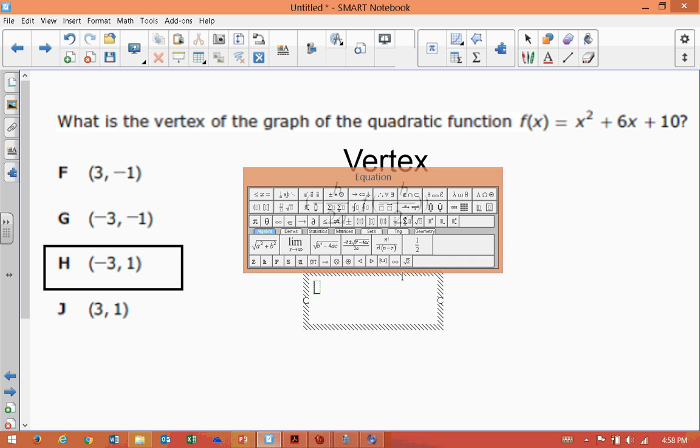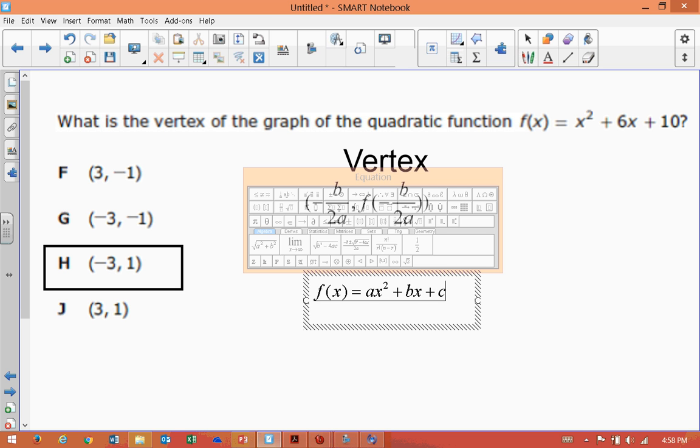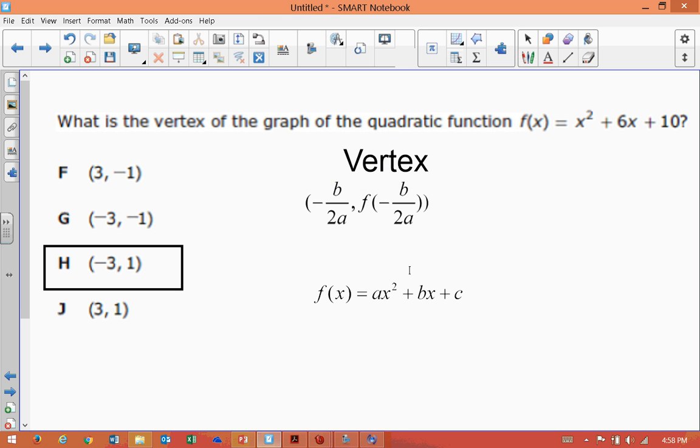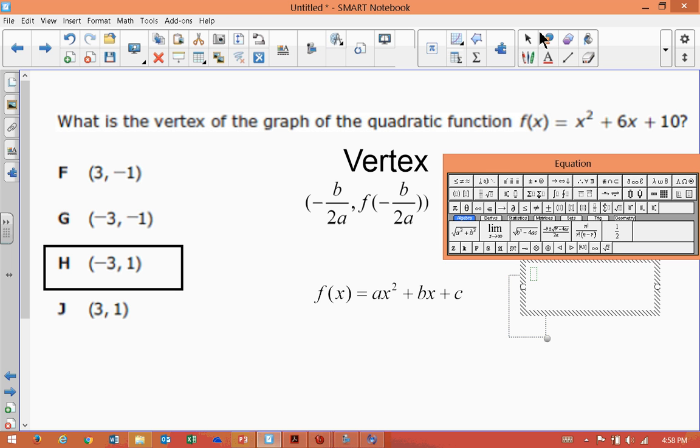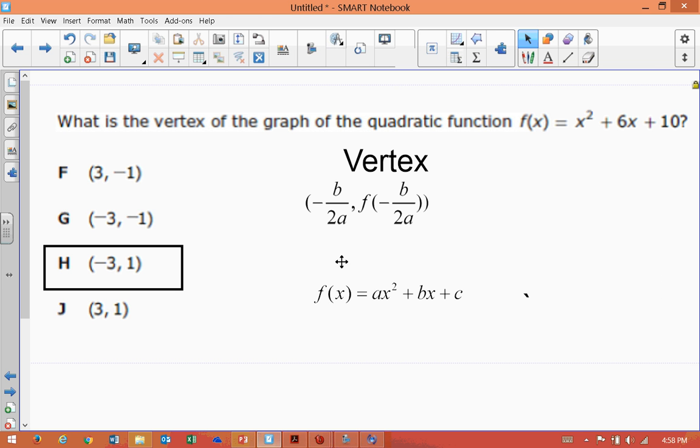Generally, f(x) equals ax squared plus bx plus c. This is the general form, or the standard form, of a quadratic function.